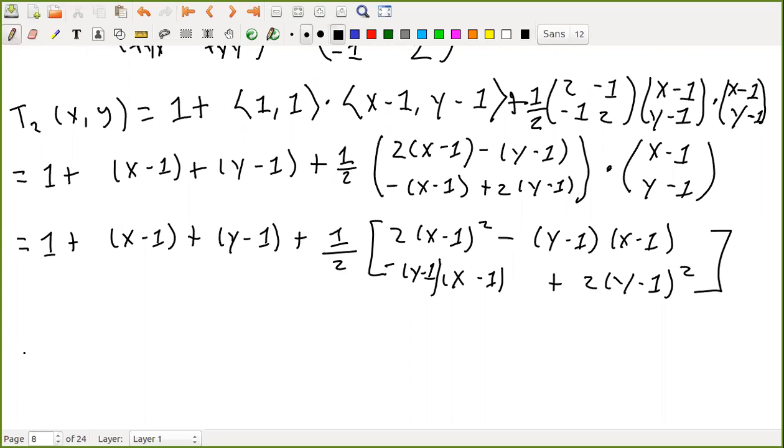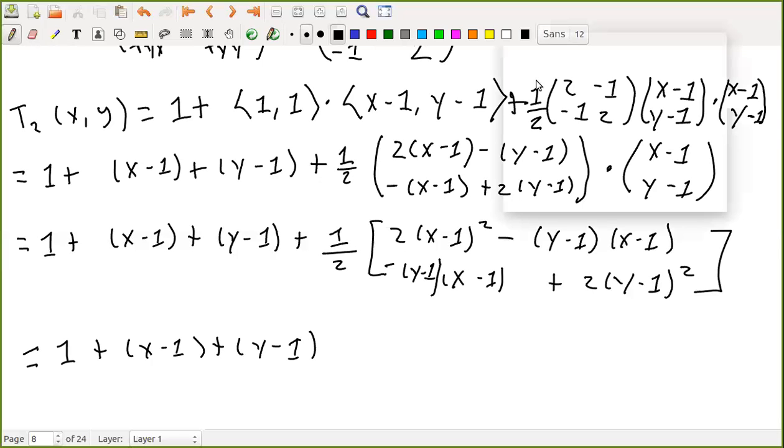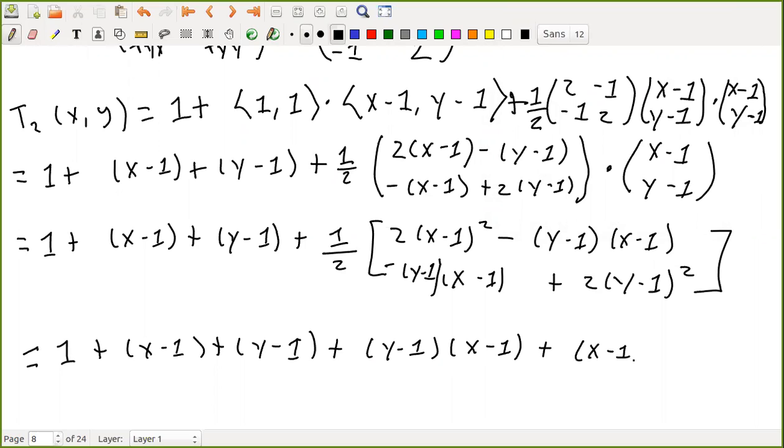Okay, and so we can simplify this a little bit. This is 1 plus (x minus 1) plus (y minus 1), and then this is going to be minus (y minus 1) times (x minus 1) plus (x minus 1) squared plus (y minus 1) squared.